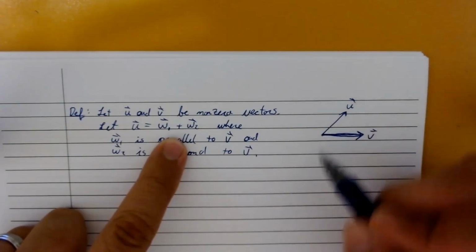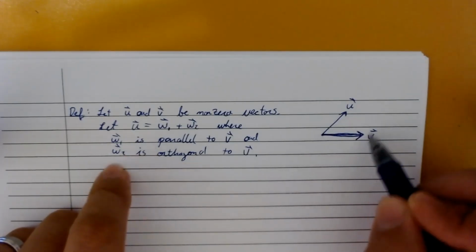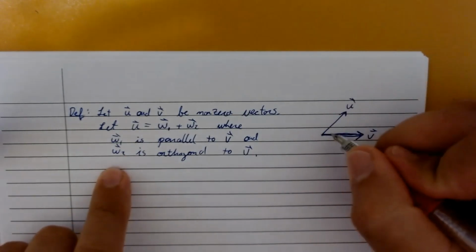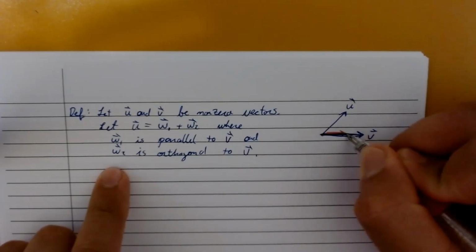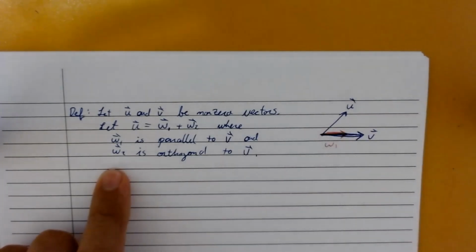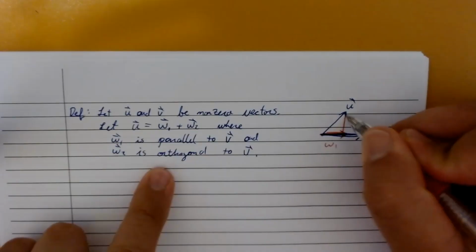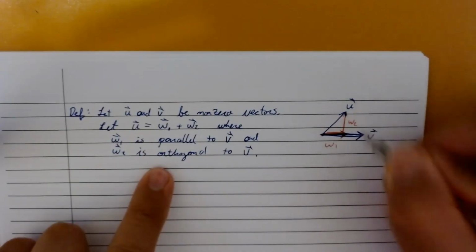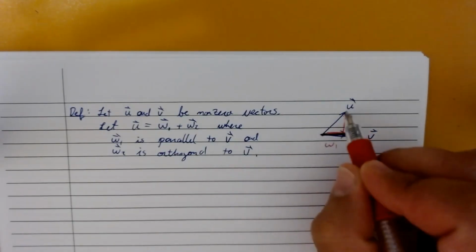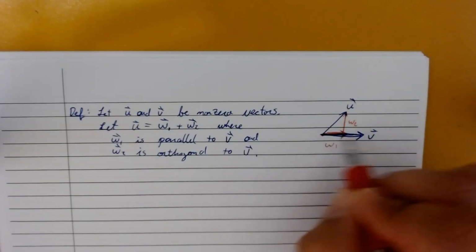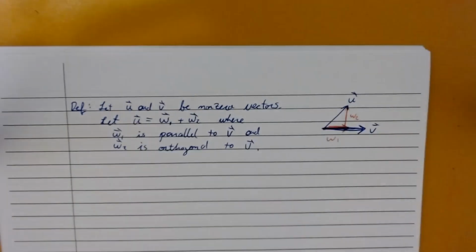But those aren't going to be just two random vectors. One of those vectors has to be parallel to v. So it has to run alongside v, just like this. Right here, so this one right here would be w1, and then w2 would be orthogonal, perpendicular to vector v. So like this. Right? So right here, u is made up of these two, where one of them is running alongside v, and the other one is coming straight out of v, perpendicular.